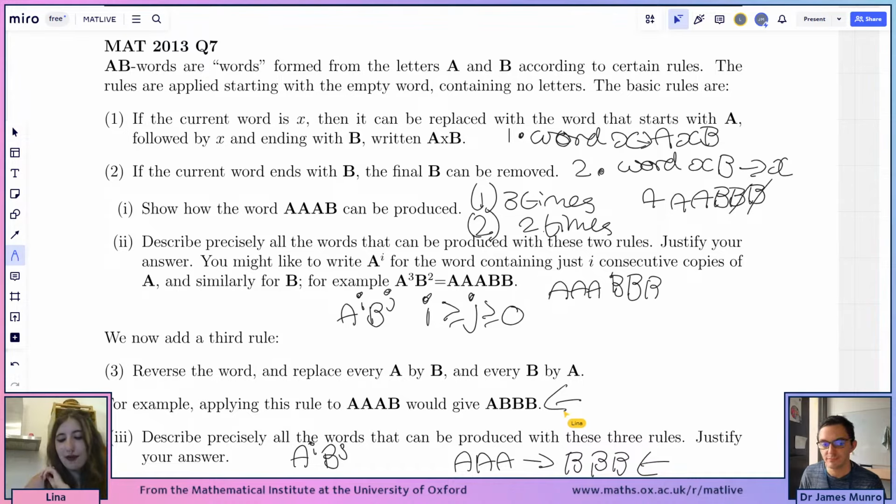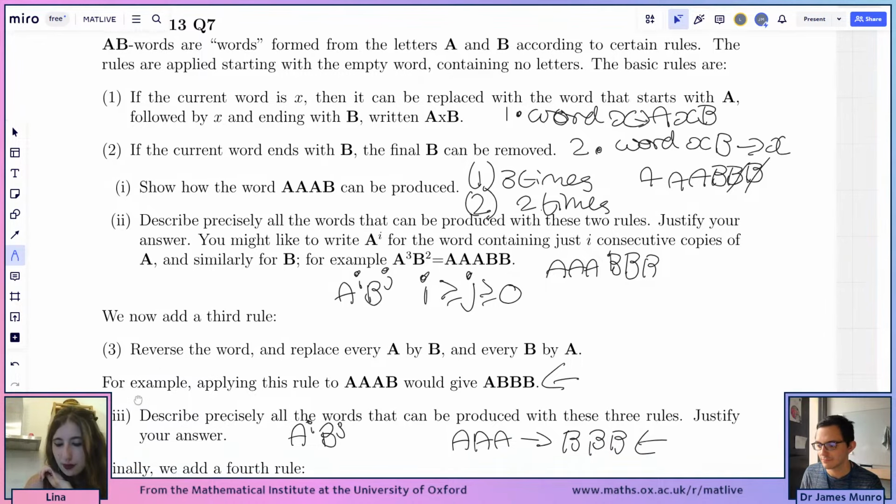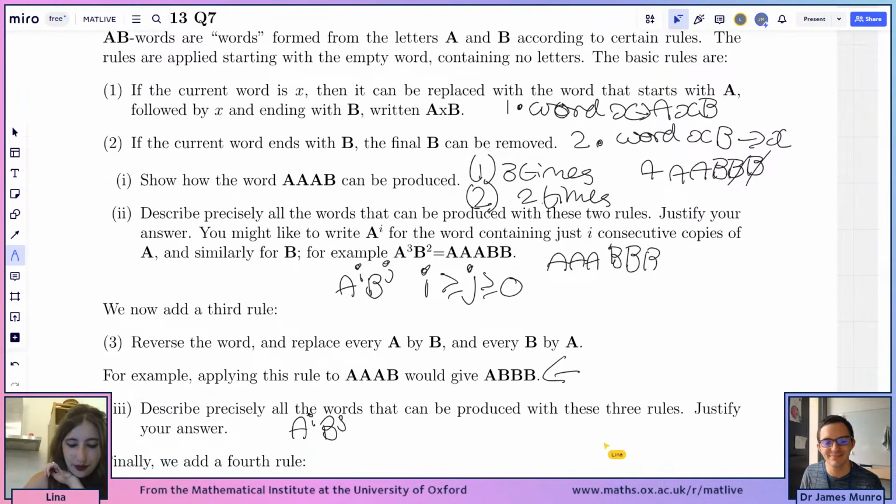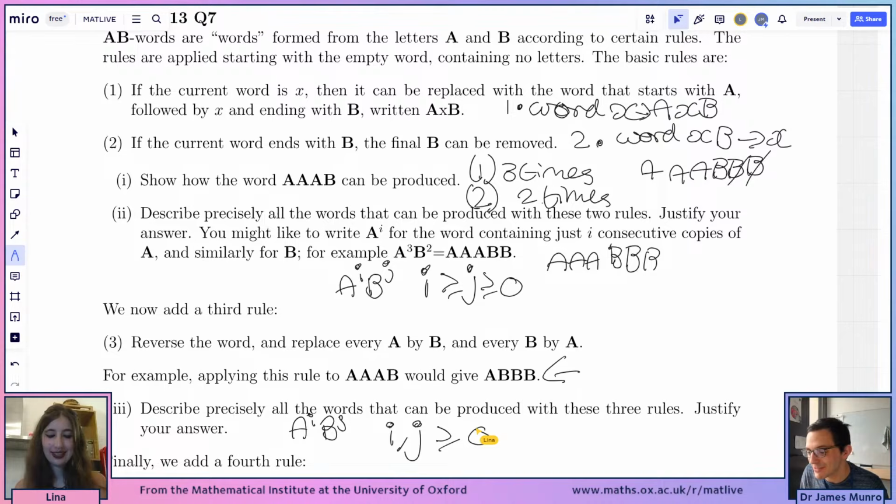We can also have more A's than B's still, because rules 1 and 2 are still there. So basically, we've got a bit less rules now about I and J. So it's just that I and J are greater than or equal to 0. Cool. More rules about the words you can make leads to fewer restrictions for I and J for what's coming out at the end, I guess.